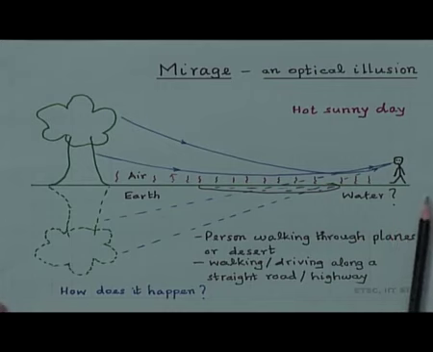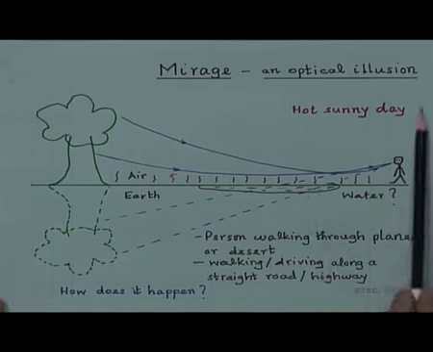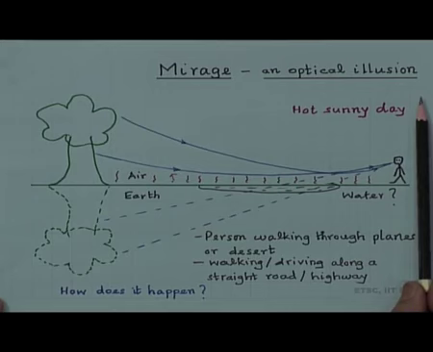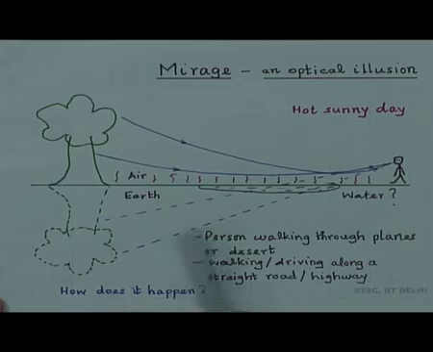When a person is walking through plains or desert, or even walking or driving along a straight road such as a highway on a hot sunny day, he could observe mirage depending on his position.